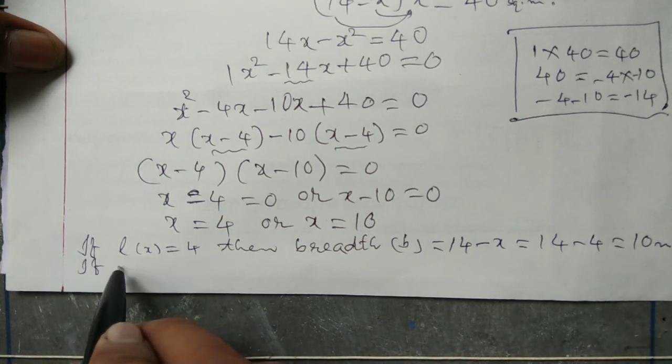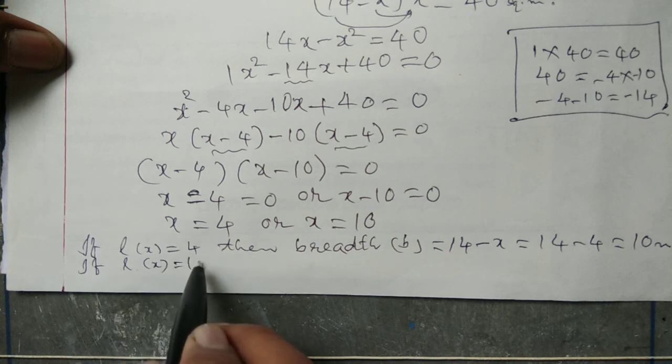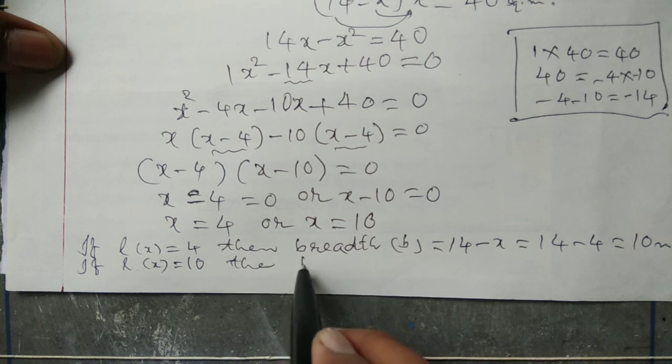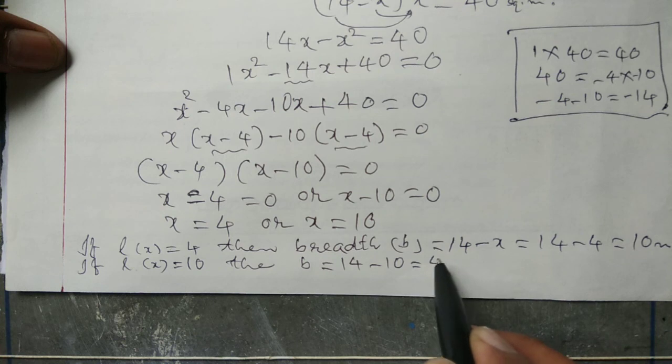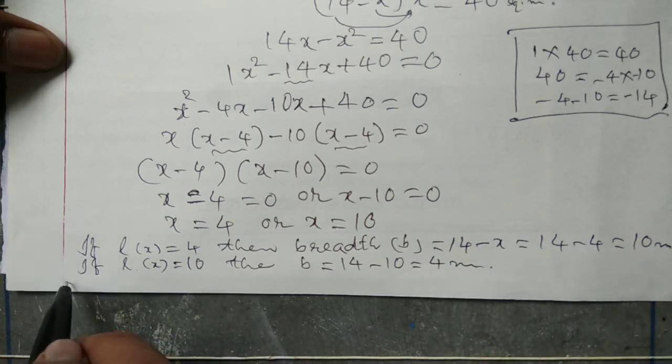If length x is equal to 10, then breadth B is equal to 14 minus 10 is equal to 4 meters. So these are the two dimensions.